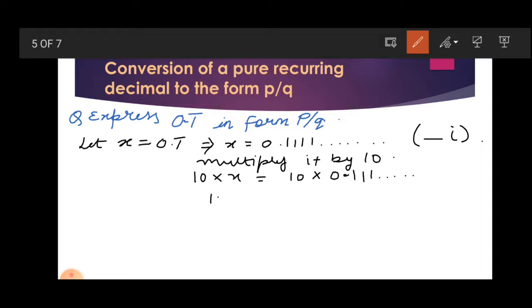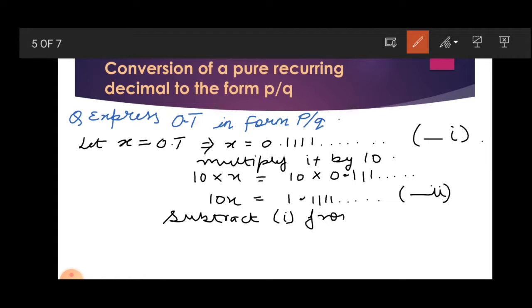So 10x is equal to 10 into 0.111, which is equal to 1.111 and so on. Now this is equation second. Now subtract equation 1 from equation second.